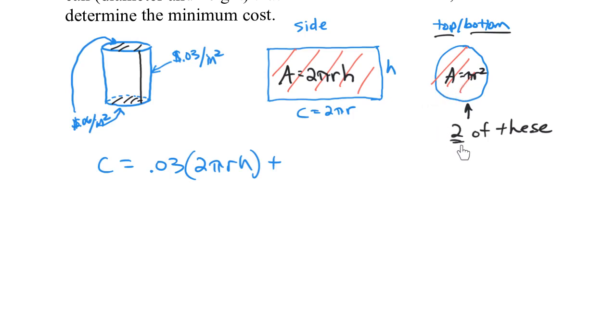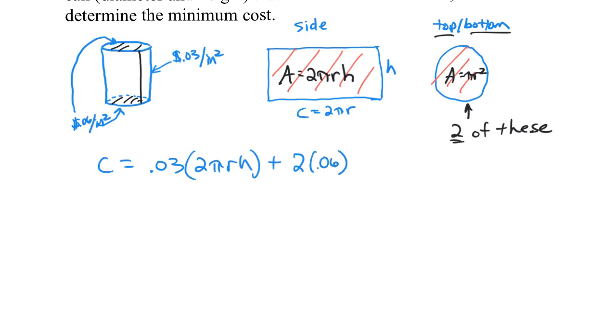Well, first there's two of those, right? Whatever the cost for one of them is, we double it. So I'm going to put a 2 there because there's two of them. And then the cost of the top and the bottom is $0.06 per square inch. So you put 0.06.